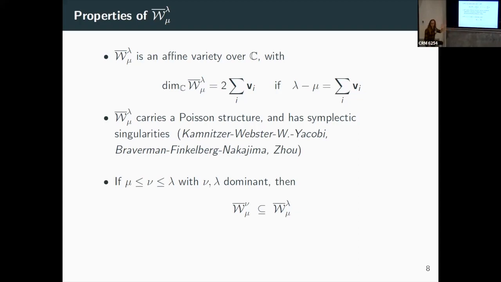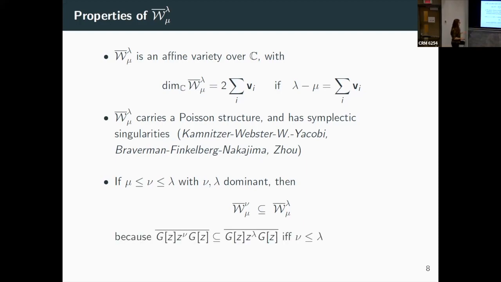I'll give an example in just a moment. This is a key point in this talk. It somehow forms some sort of directed system. And why is that? Well, it's some general fact about these closures. These are like double coset closures, and they contain each other. Somehow the closure order is the dominance order, something like that.